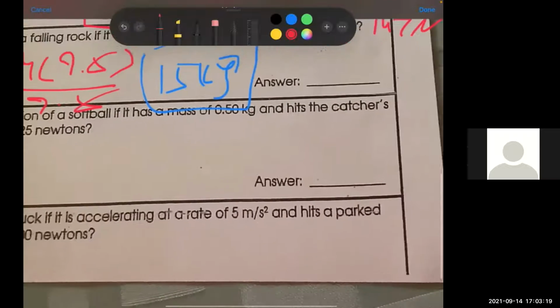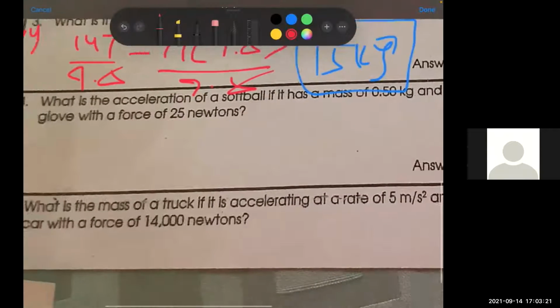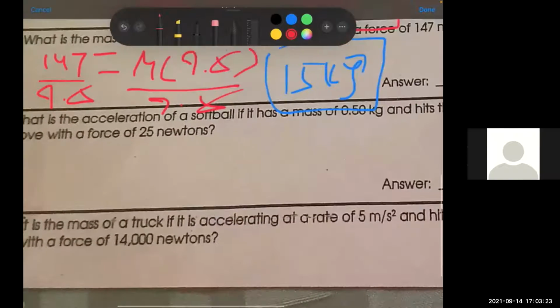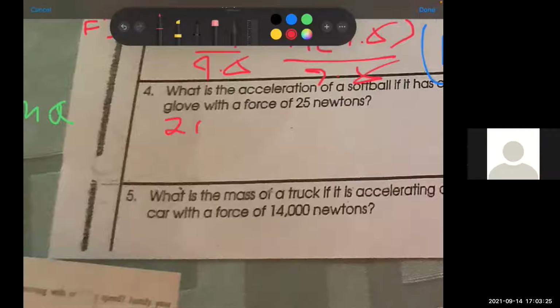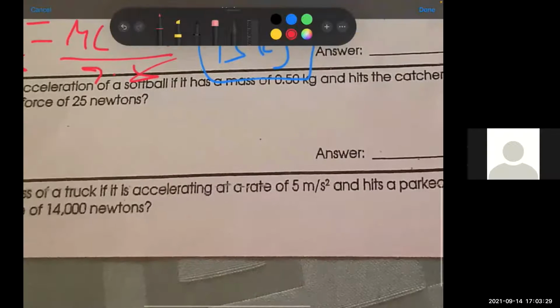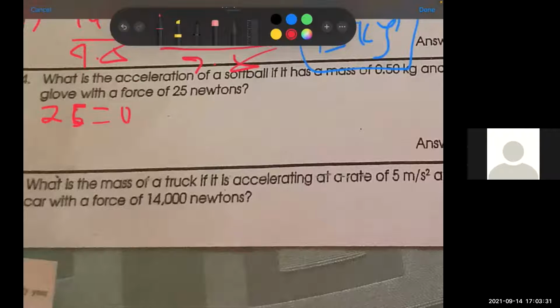Right now the 0.50 kilograms is our mass, the 25 is our force, and 25 is equal to 0.5 times A.